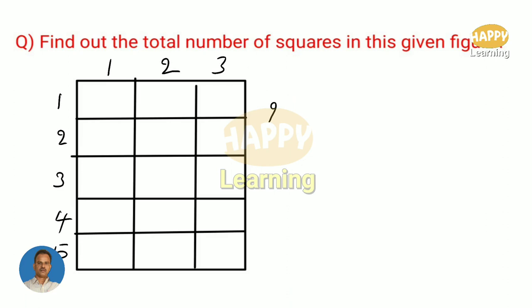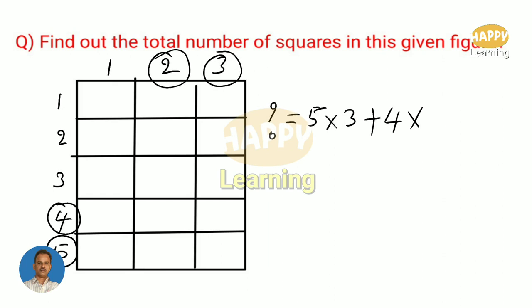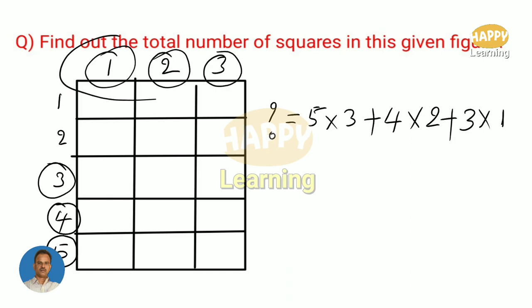The number of squares here is equal to the maximum number here, 5, into the maximum number here, 3, plus the next number here, 4, into the next number here, 2, plus the next number here, 3, into the next number here, 1.